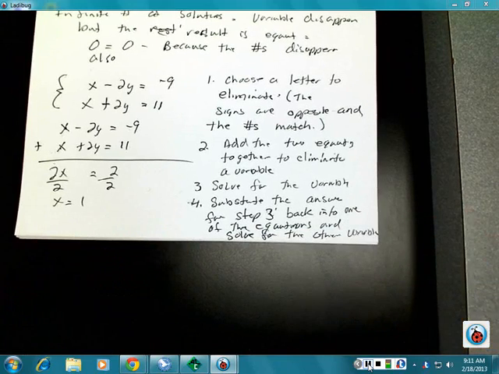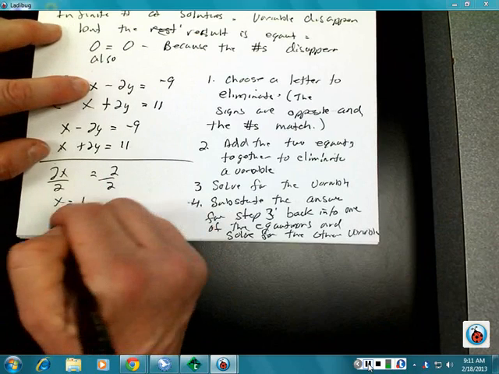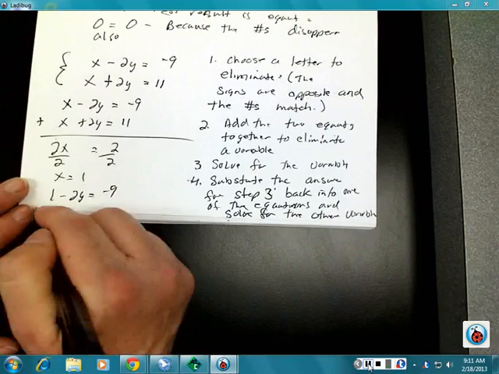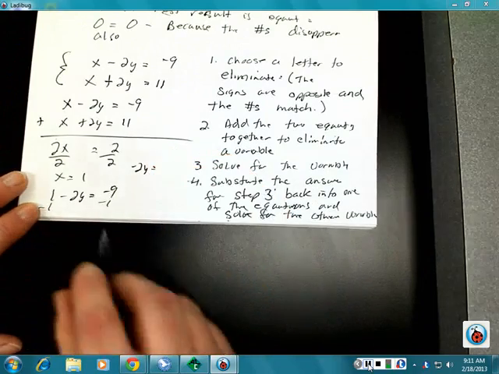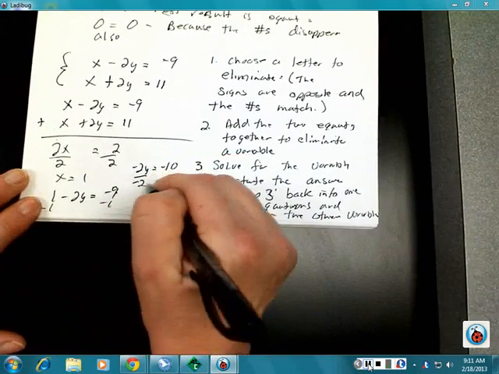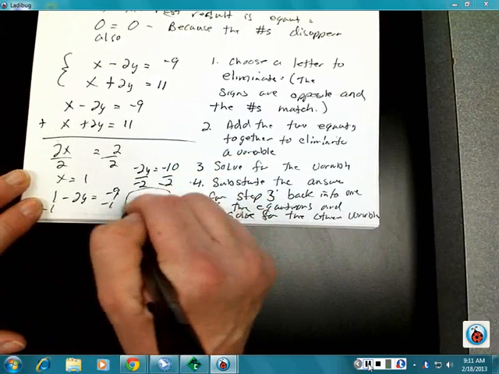So if I put 1 back in, I'll just take the first equation and I put 1 minus 2y equals a negative 9. Subtract 1 from both sides. That leaves me with a negative 2y is equal to a negative 9 and negative 1 is a negative 10. Divide by negative 2 and I find y is equal to 5.